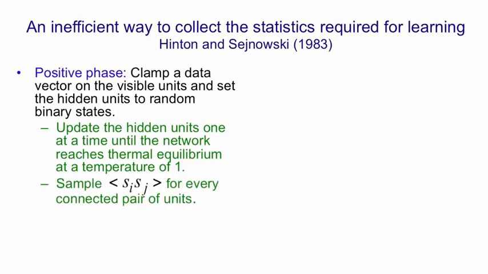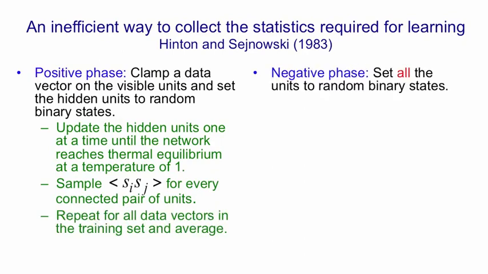And then once you reach thermal equilibrium, you sample how often two units are on together. So you're measuring the correlation of i and j with that visible vector clamped. You then repeat that over all the visible vectors, so that the correlation you're sampling is averaged over all the data. Then in the negative phase, you don't clamp anything. The network is free from external interference.